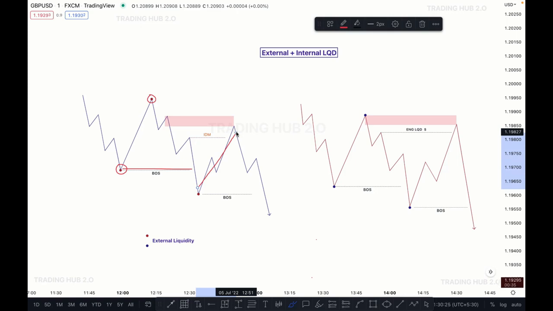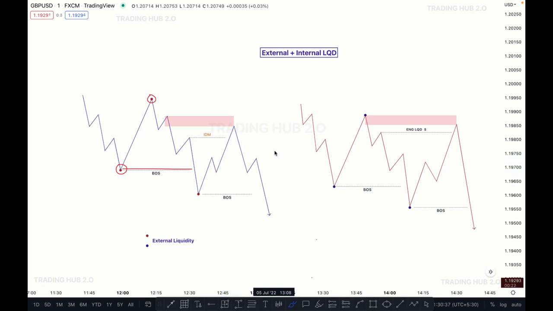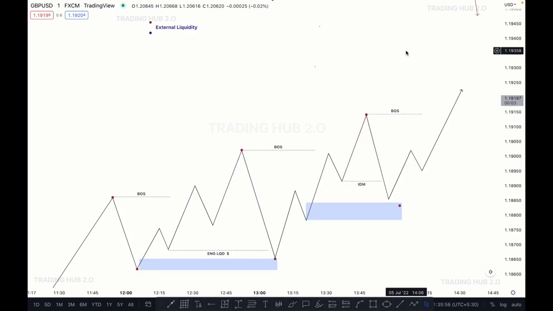You can understand external liquidity like this: a major structure high or low is external liquidity. Every major high or low is external liquidity. The same thing applies here because both charts are similar, and the same thing works in a bullish market. Let me show you. This is a bullish market. As you can see, after taking the high, the market takes a pullback before continuing upside.